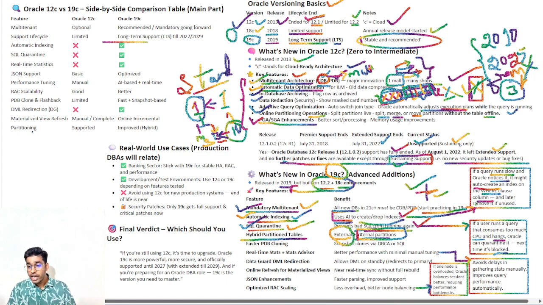Suppose the old data I will be keeping in some files externally, and internally I will be having the partitions. If I need the external one, it will be reused. That is the hybrid partition table. The table can reuse those partitions from the external as well as internal. That is the benefit we have with hybrid partition tables. That is one of the features we have in 19c.